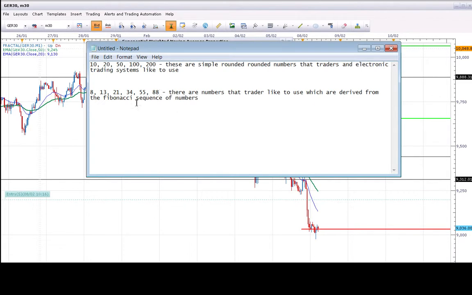Other examples would be using the Fibonacci sequence of numbers. So these are numbers that a trader likes to use which are derived from the Fibonacci sequence. Maybe you could use as low as 5, probably not much lower than that. 5, 8, 13, 21, 34, 55, 88. My maths is probably going to let me down here. Was it 130? I can't even think of what the next one is actually.